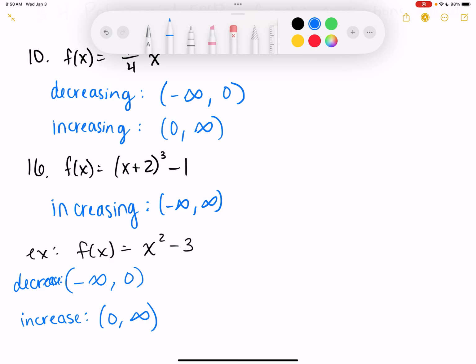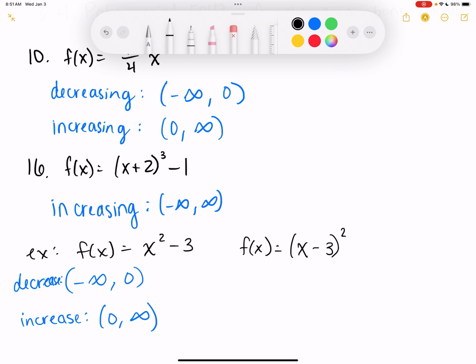But if instead I'm going to modify the problem. Now, I just changed where the parentheses is, so I now have f of x is equal to, in parentheses, x minus 3 squared.